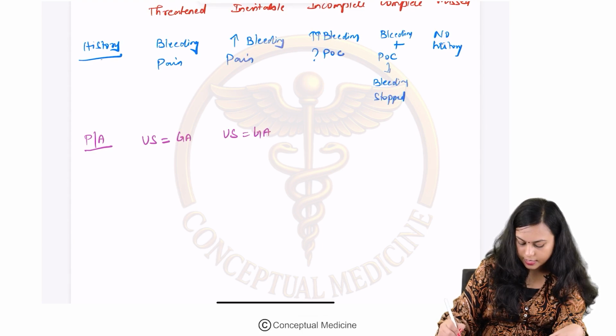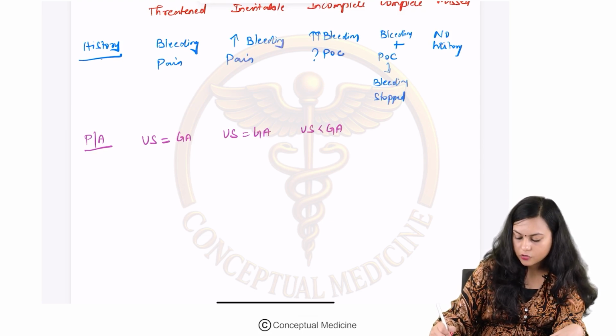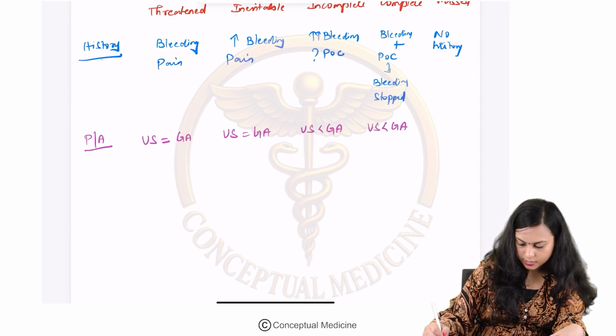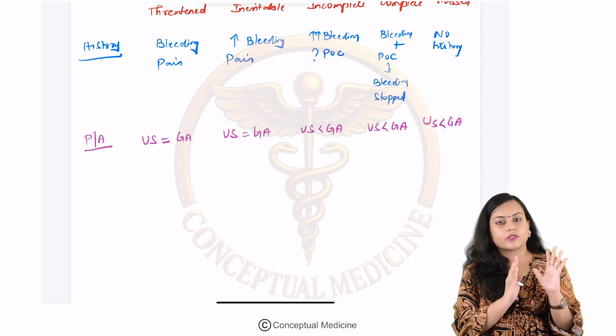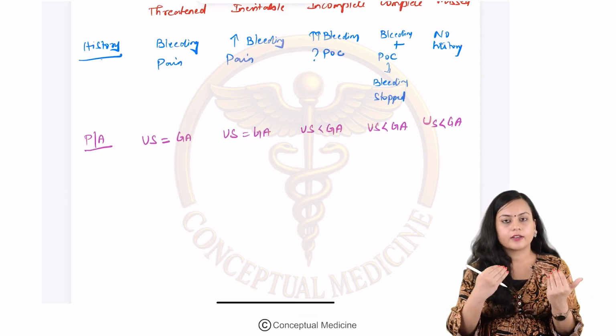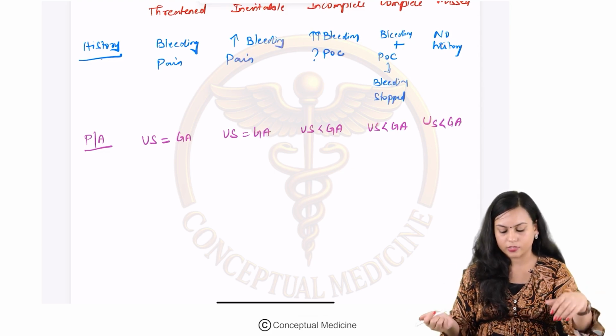In incomplete miscarriage, the uterine size will definitely be less than the gestational age, and in complete miscarriage also, the uterine size is less than the gestational age. In a missed miscarriage also, the uterine size is generally less than the gestational age.